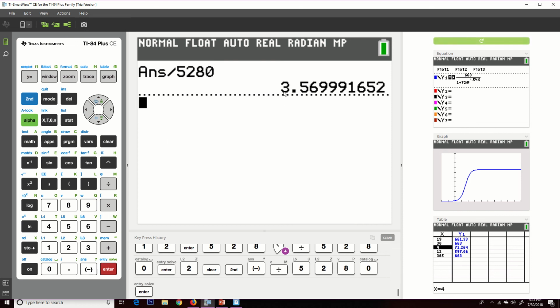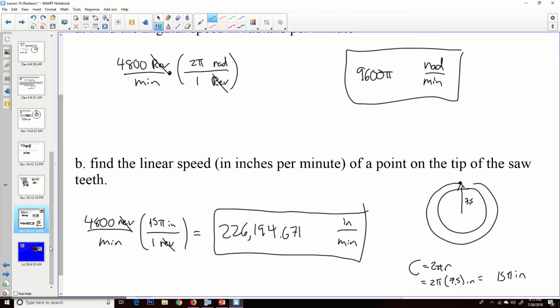So that's 3 miles every minute. That's pretty fast. Those saw blades, they cook. Okay, well, that's all I got for today, folks.